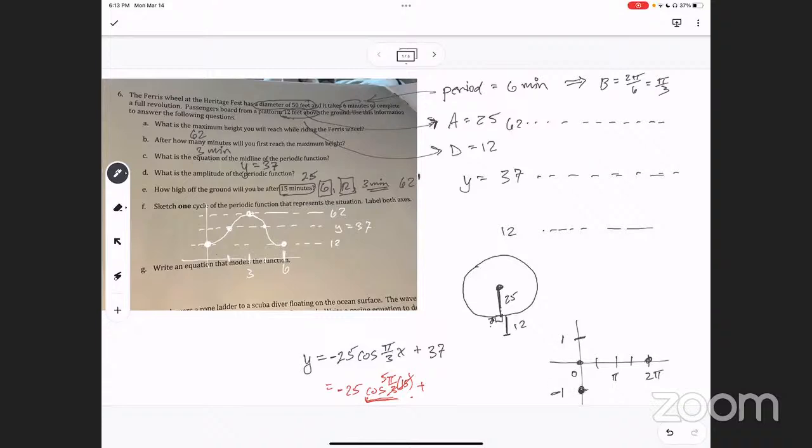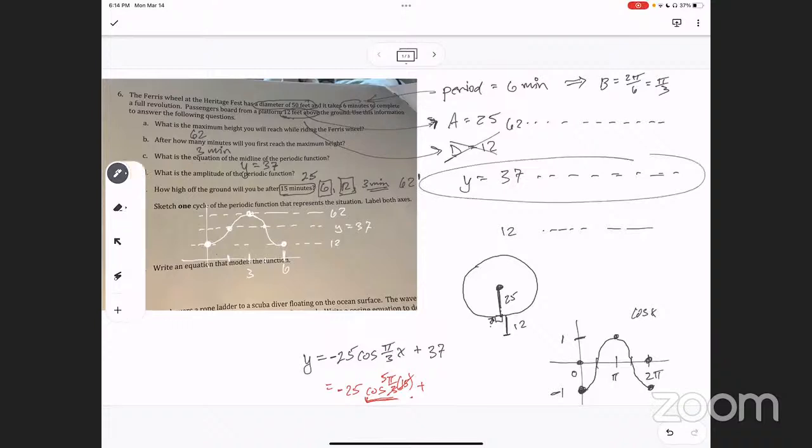So if you start down here and end down here and max out up there, you see how your midline is here? That's what your normal cosine graph looks like. So D was not 12. The low point was 12. D is the midline. That's your midline, 37.